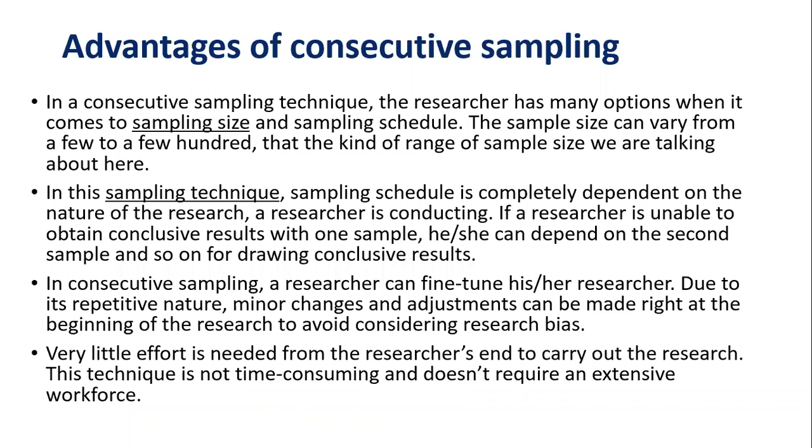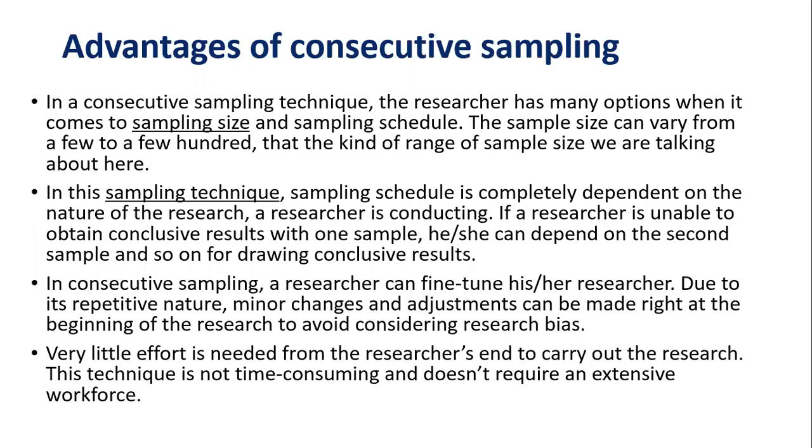Now, what are the advantages of consecutive sampling? In this technique, the researcher has many options when it comes to sample size and sampling schedule. The sample size can vary from a few to a few hundred. That is the kind of range of sample size we are talking about here. The sampling schedule is completely dependent on the nature of the research the researcher is conducting.